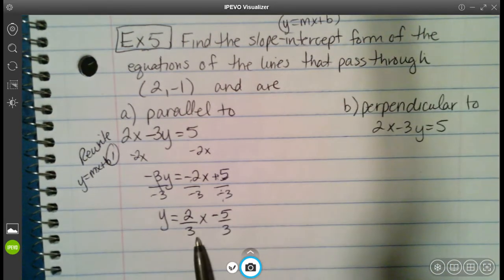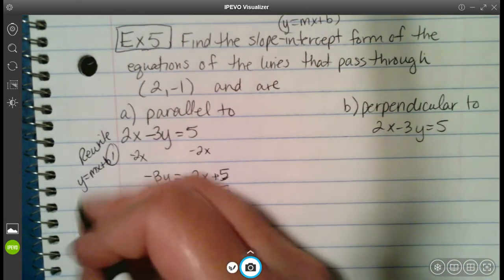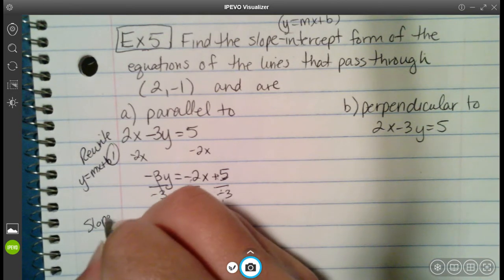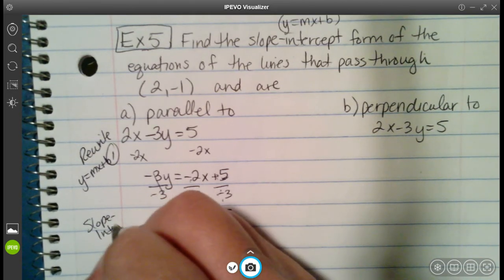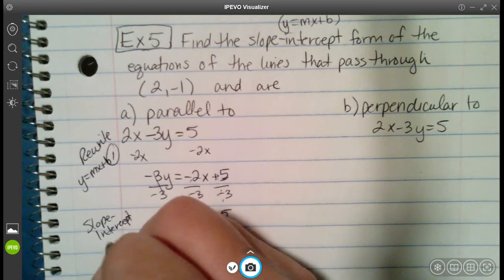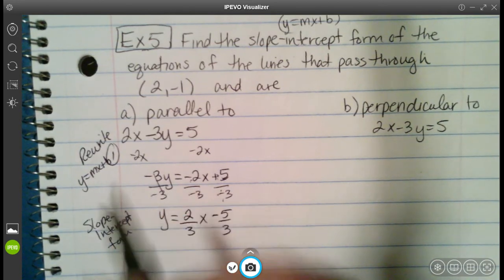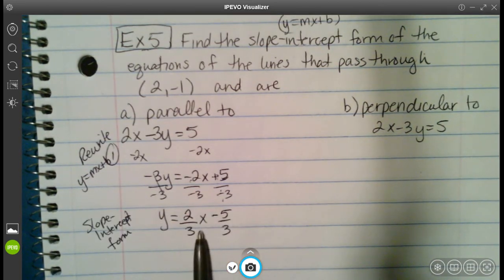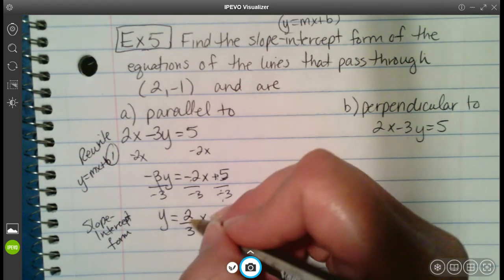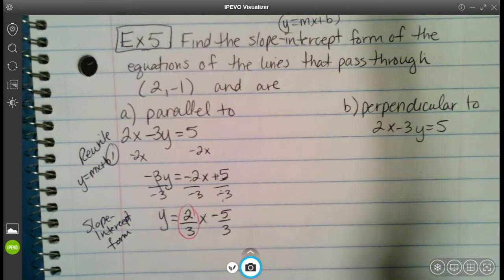Okay? So this would be the slope-intercept form, which I'm also going to use for part B. But I got to solve it at least once. And all that I want from this is the slope. So the only thing you want from here is this.